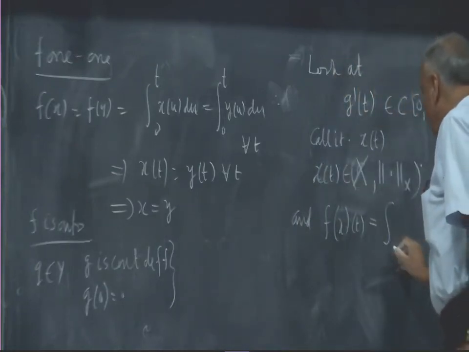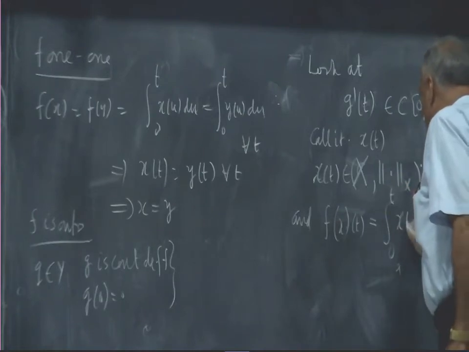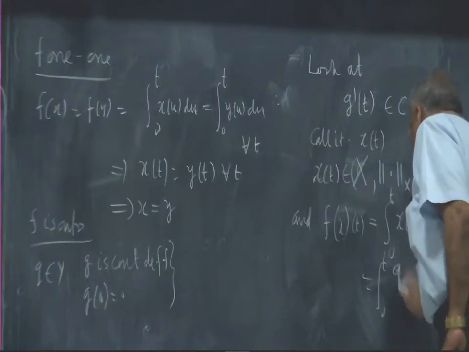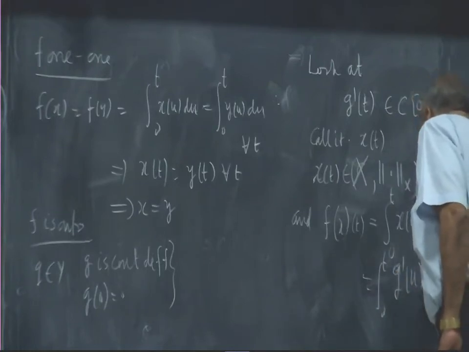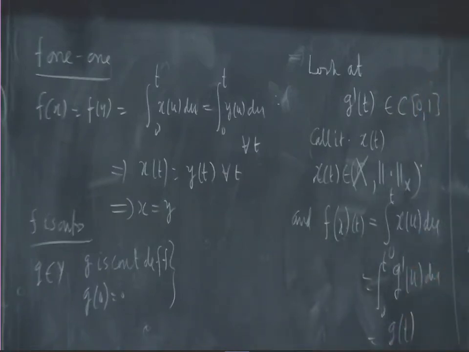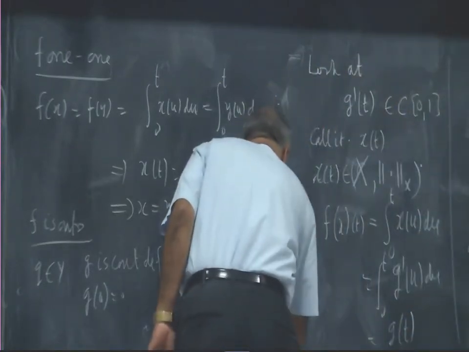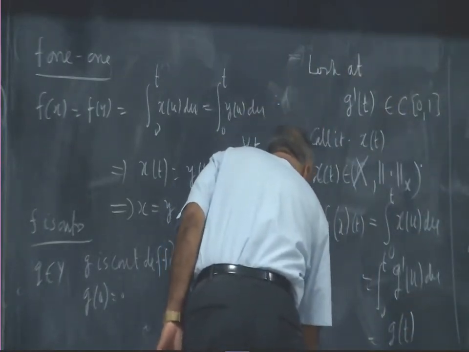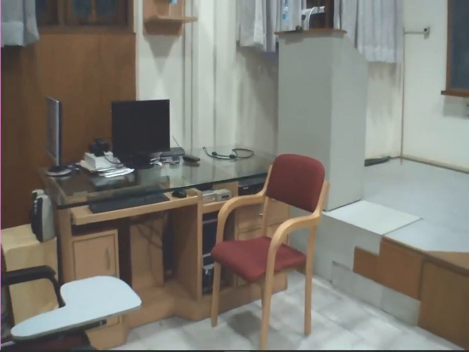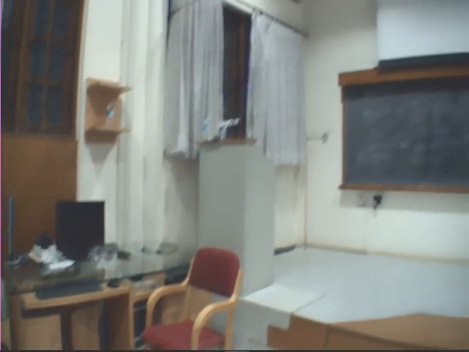By definition that is the integral from 0 to t of x(u) du, but x is g prime u du, which is g of t minus g of 0, but what is g of 0? 0, so that is g of t. So therefore F of x is equal to g for every t. Therefore for every g in Y there exists x in X such that F of x equals g. Therefore F is onto.